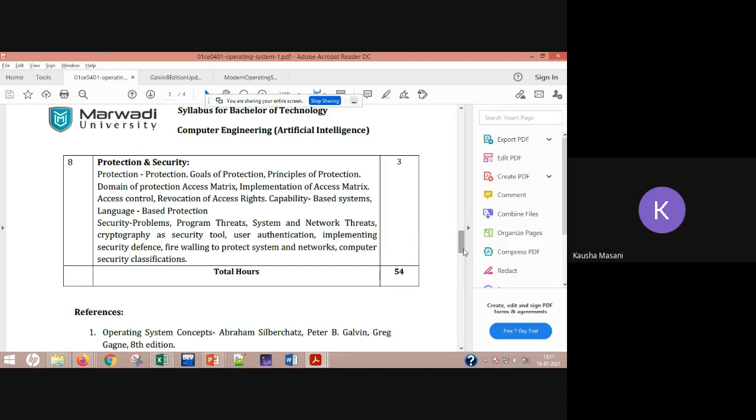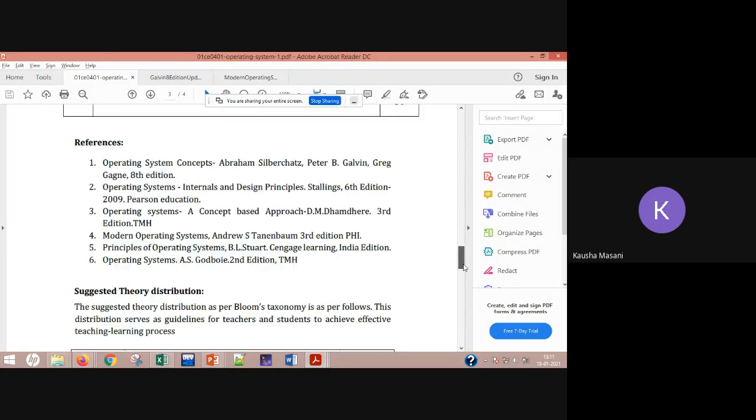Fine. For your reference, ideally you have these 6 books. But according to me, these 2 books are good enough: the first one, Operating System Concepts by Galvin, and Modern Operating Systems by Andrew S. Tanenbaum.